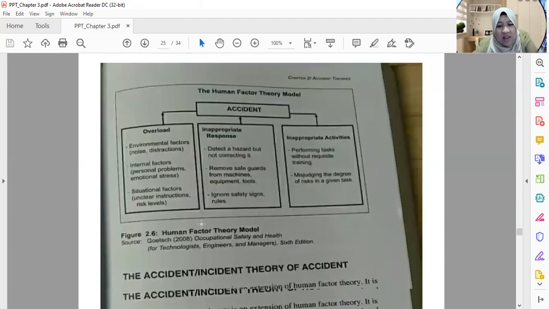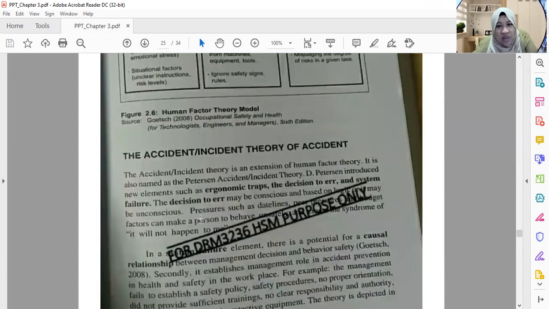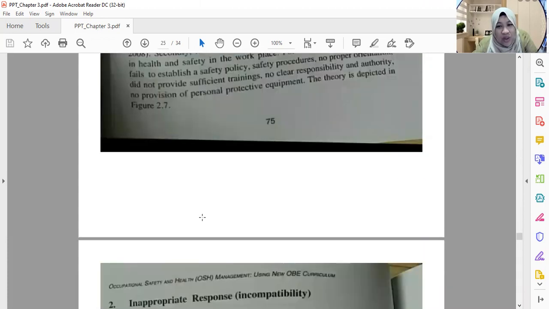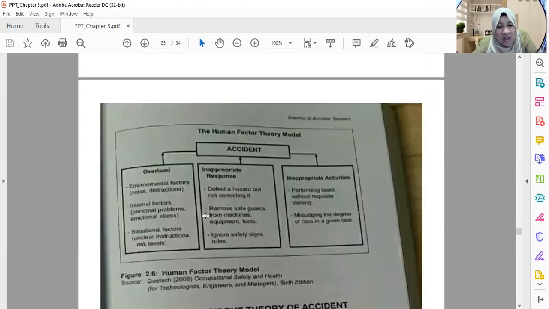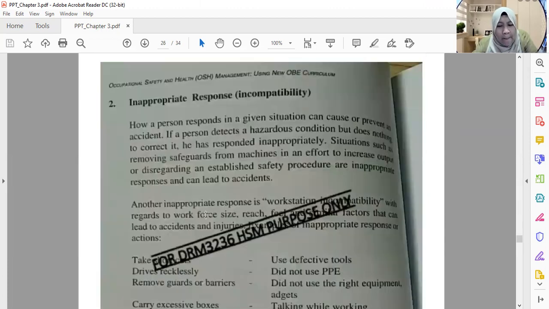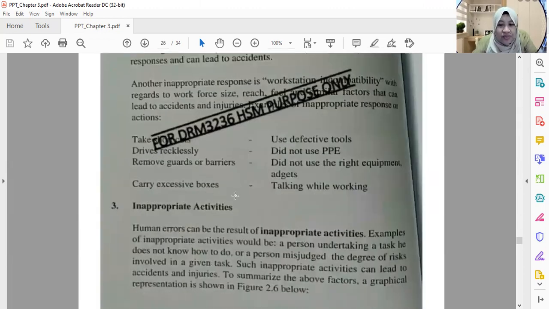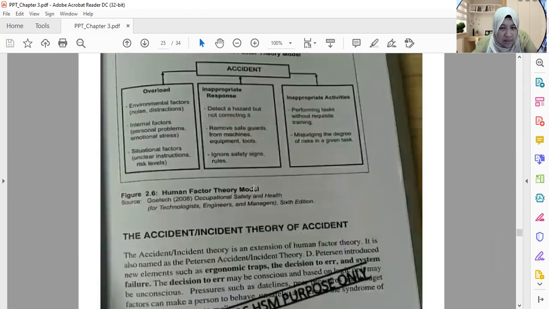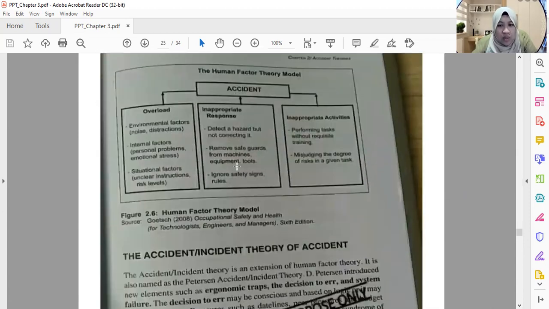And you realize, this human factor theory, 2.7 is below here. Just now it was about human error, right? So we have here overload, inappropriate response, and also inappropriate activity.